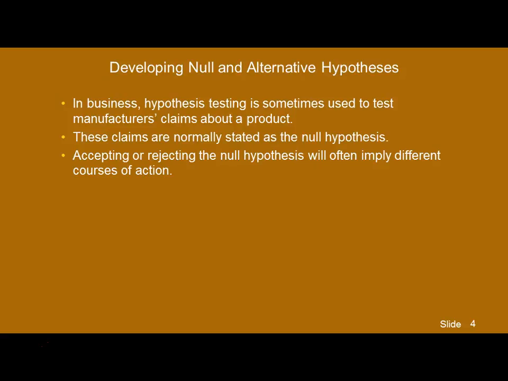That is, we will generally give the manufacturer the benefit of the doubt and put their claim as a null hypothesis, and we can often gather some data to test that hypothesis. You'll also see that whether we reject a null or do not reject a null often implies different courses of action. Rejecting the null might imply one course of action that we do not have to undertake if we don't reject the null.